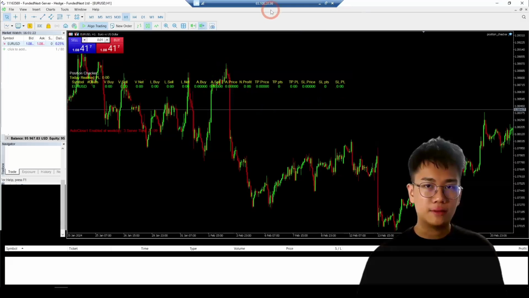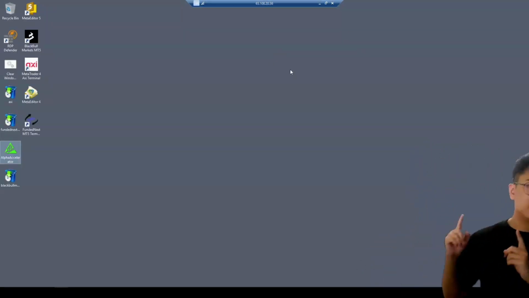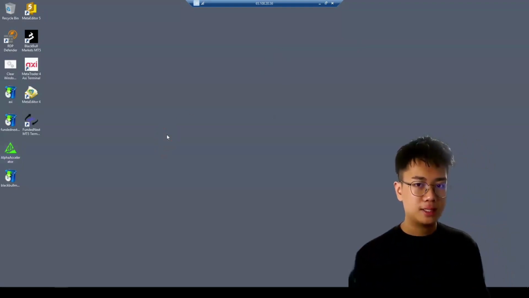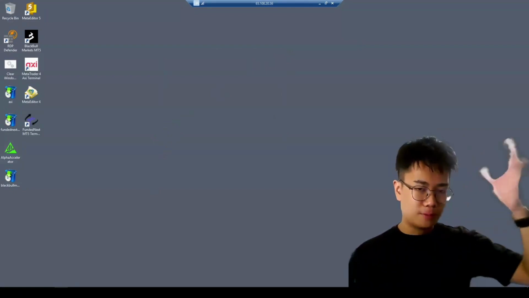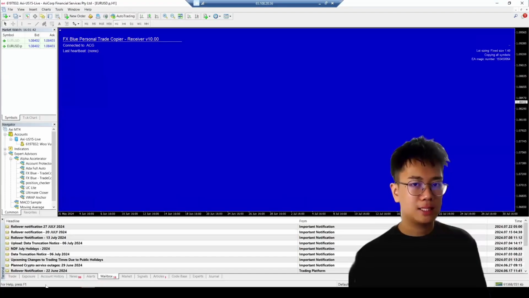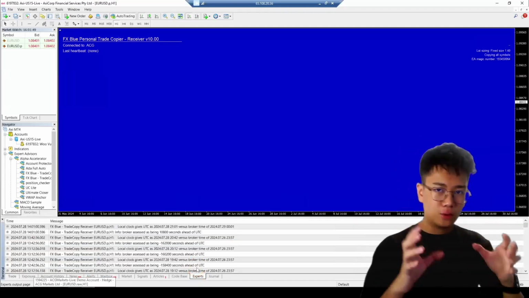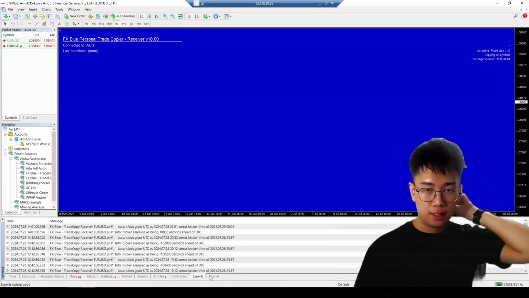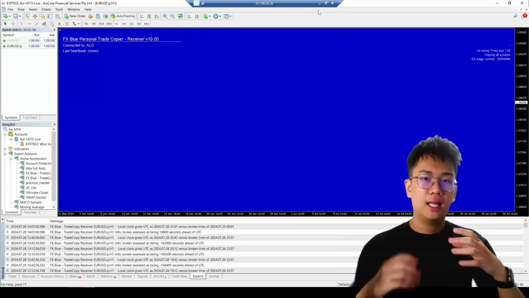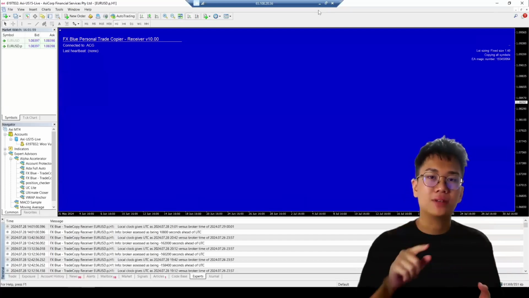So basically this is the server itself. What you guys are seeing right now is the server. Over here, you can see that I have installed 1 broker, 2 brokers, 3 brokers, meaning that we can install a lot of brokers on this one server. That gives you the benefit of hosting the robot in this VPS, this server, S stands for server.